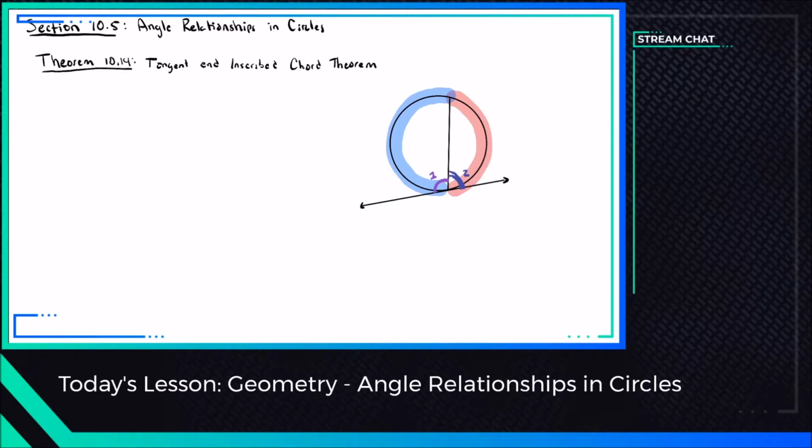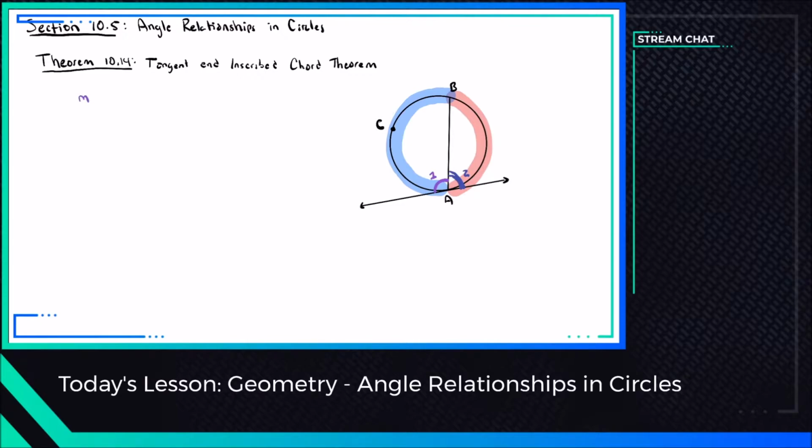In order to complete what we're going to do here, we need a couple of points listed. The intersection point where the tangent meets this chord is going to be A. The top of the chord will be B, and then to differentiate between our two arcs, we need a C over there. What we're going to find is that the measure of each one of these angles is related to the arcs they're connected to.